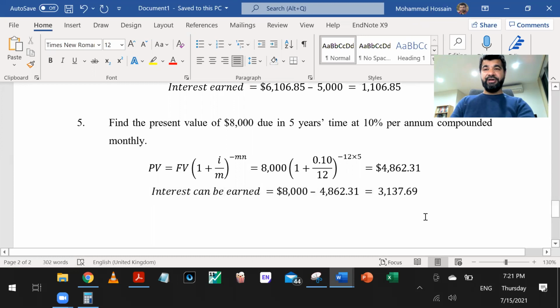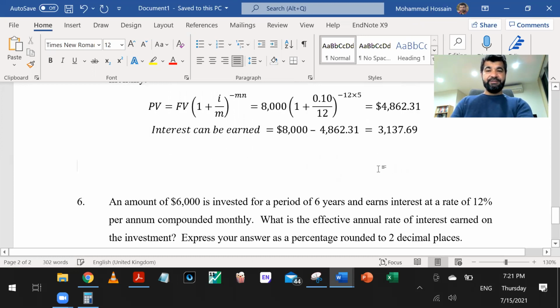Don't say it's earned already. We're talking about present values, so it's potential interest.